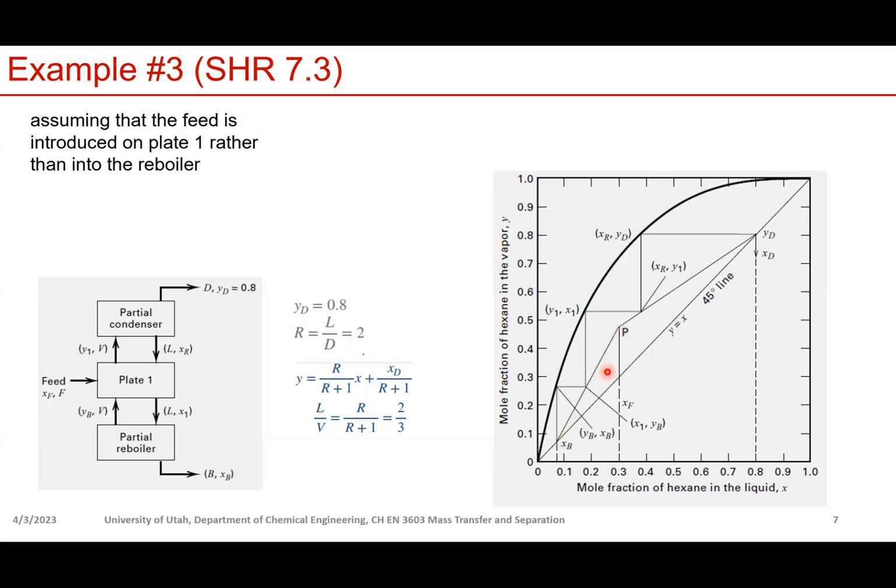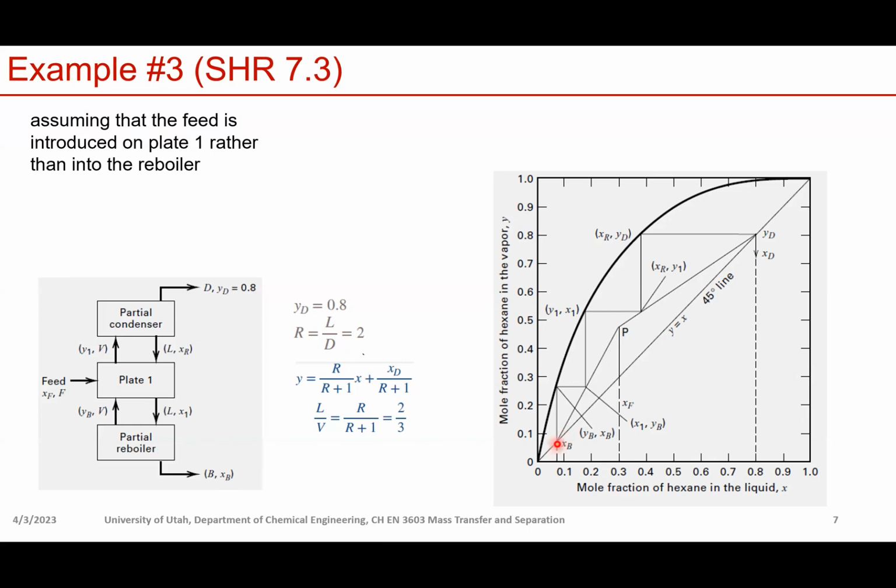You just change the slope and do the step off until eventually there's one point when you do the step off, right? Your step off vertical line will overlap with your stripping section operating line on the 45-degree line, right?